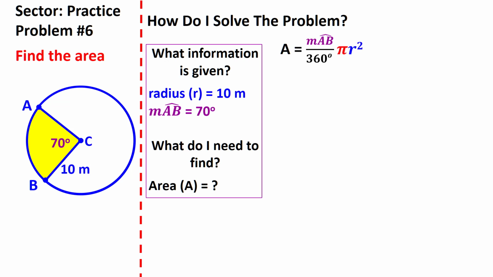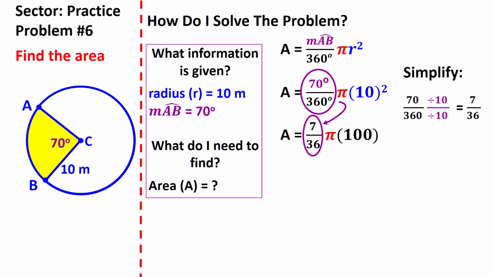I start with the area formula. I replace the measurement of arc AB with 70 degrees, radius with 10. Next, I simplify 70 over 360 by dividing the top by 10, the bottom by 10 to get 7 over 36. 10 squared equals 100.